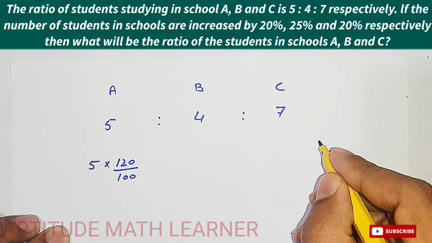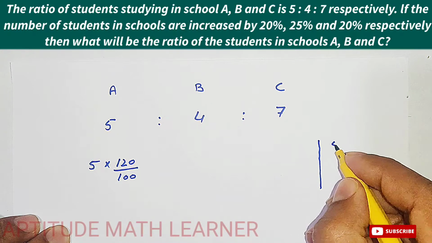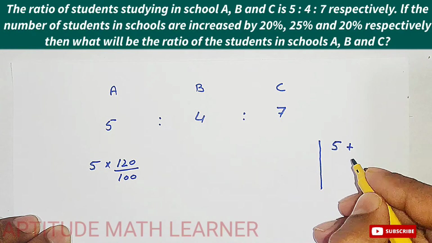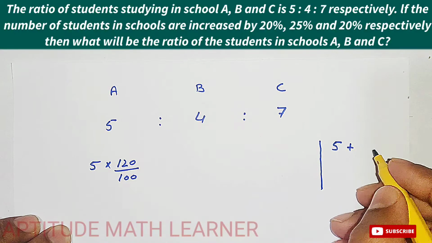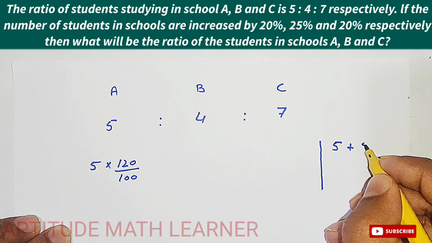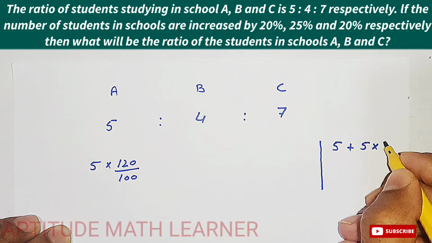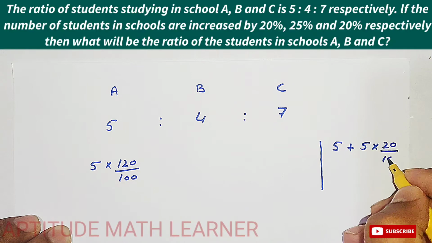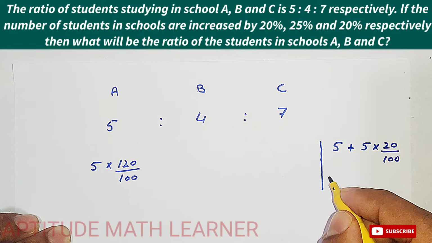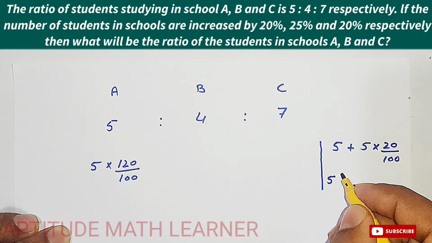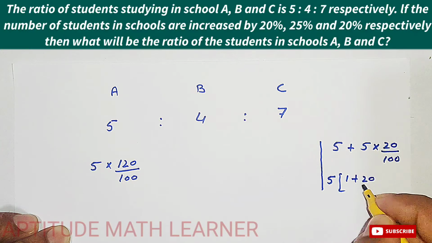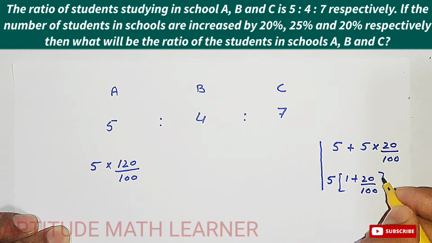Let's suppose this is the ratio, and its percentage is increased by 20%. What will be the 20% of 5? If we take 5 common, we get 5 times 1 plus 20 upon 100.